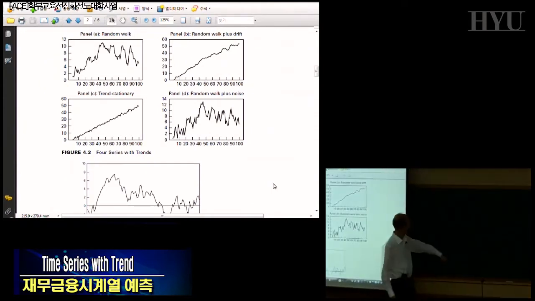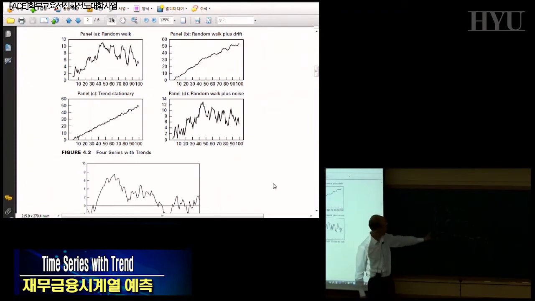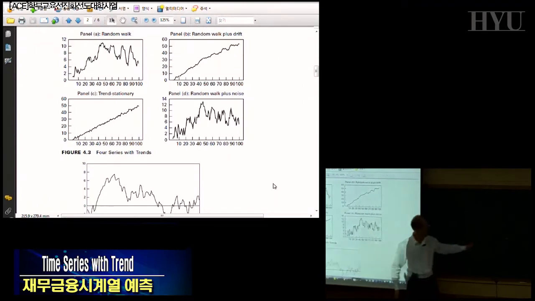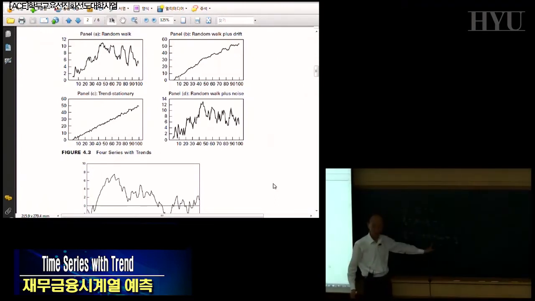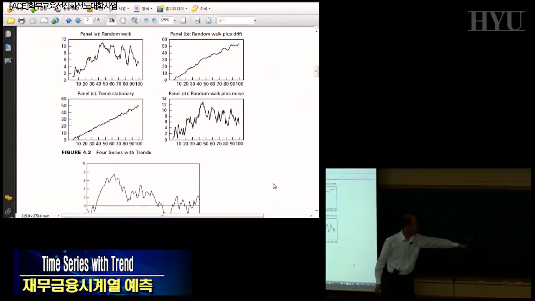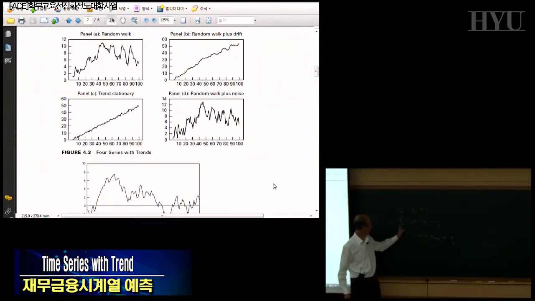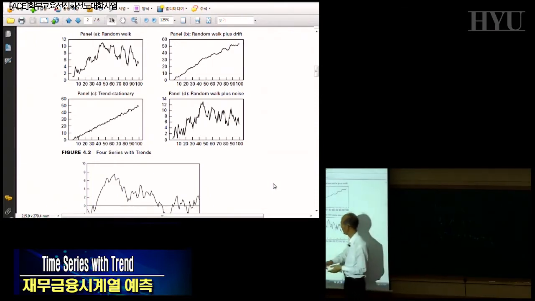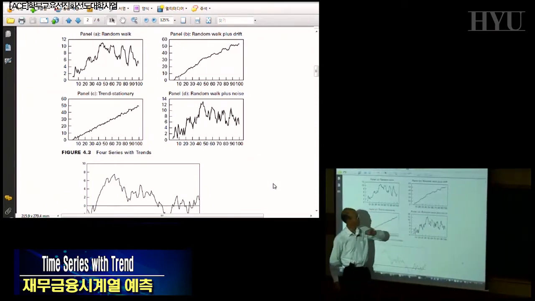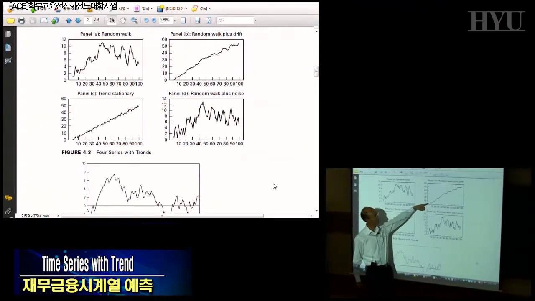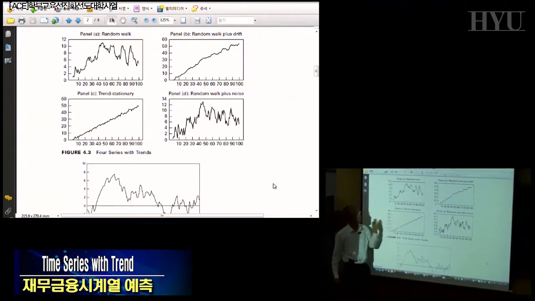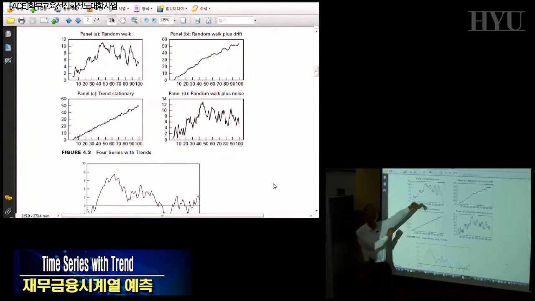So we know that this and that are very different, right? This part is, of course, deterministic, and the random part is only this one, whereas in the other the whole thing is random, right? So very different. But sometimes you are given this type of series and that type of series, and you may find it difficult to distinguish between the two.